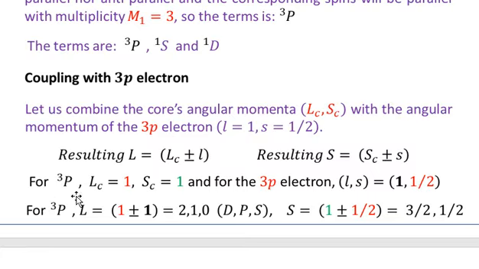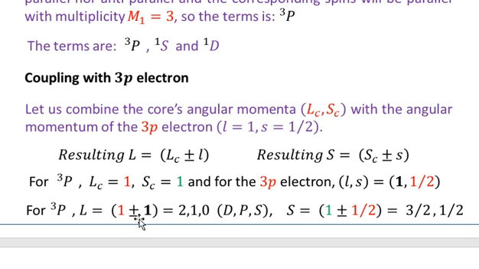So for this 3P state, the value of Lc is equal to 1 and the value of Sc obtained from the multiplicity 3 is equal to 1. And for the 3p electron, I have L, S equal to 1, half. So 1 written in bold corresponds to the value of L for the 3p electron, and half is the value of the spin angular momentum for the electron. So I have capital L equal to 1 plus minus 1.